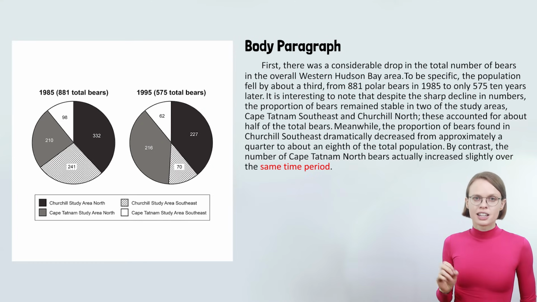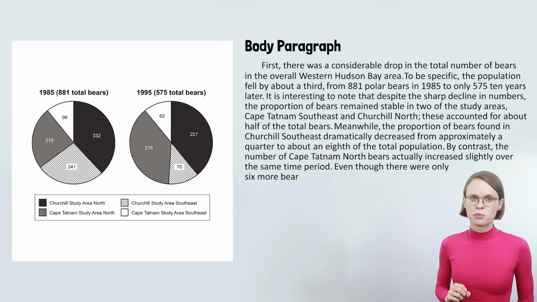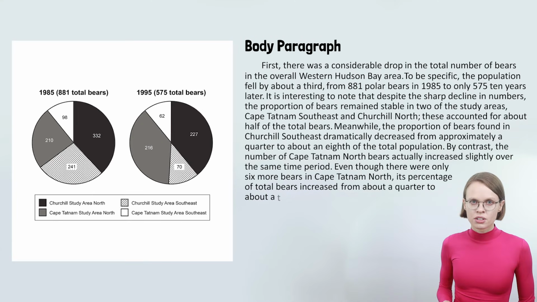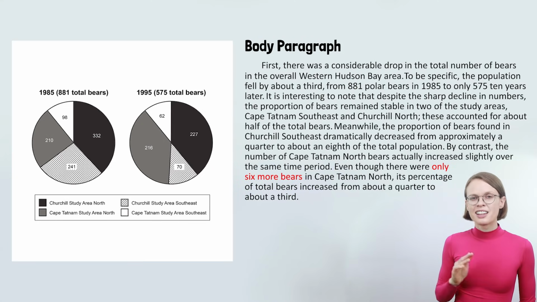Let's check out the next sentence. Even though there were only 6 more bears in Cape Tadnam North, its percentage of total bears increased from about a quarter to about a third. Even though shows that something happens despite something else. Only 6 more bears makes the increase appear very small. I again used the approximate sizes of the sections on the pie chart, quarter and third.